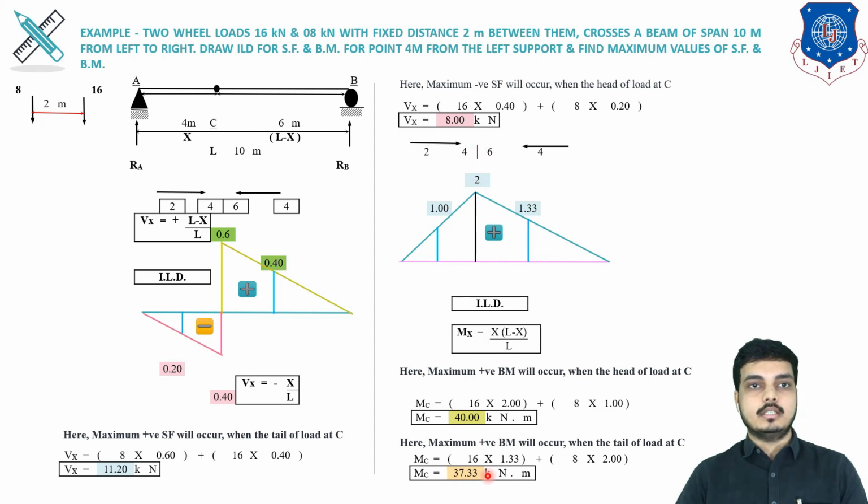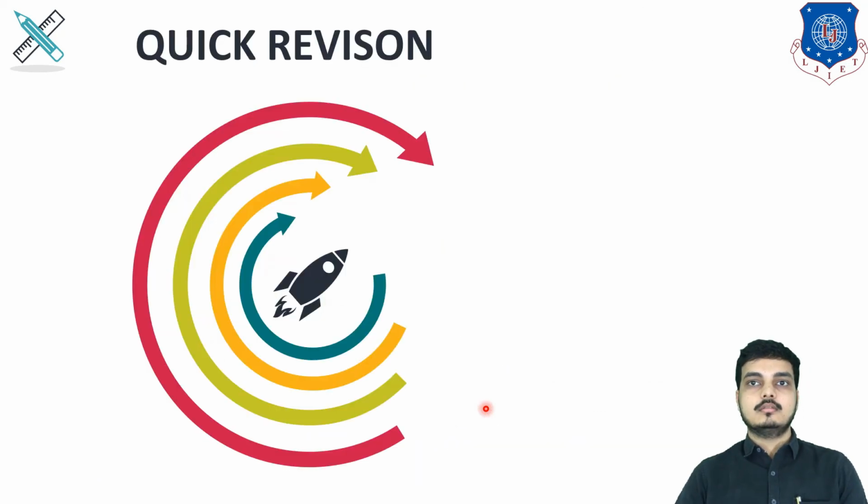So I got 37.3. So again I got it by keeping it on the left hand side. So 16 multiplied by 2 and 8 multiplied by 1. So likewise I can find out the maximum bending moment. So like this, with better understanding and conceptualization, you can find the maximum ordinates with maximum values.